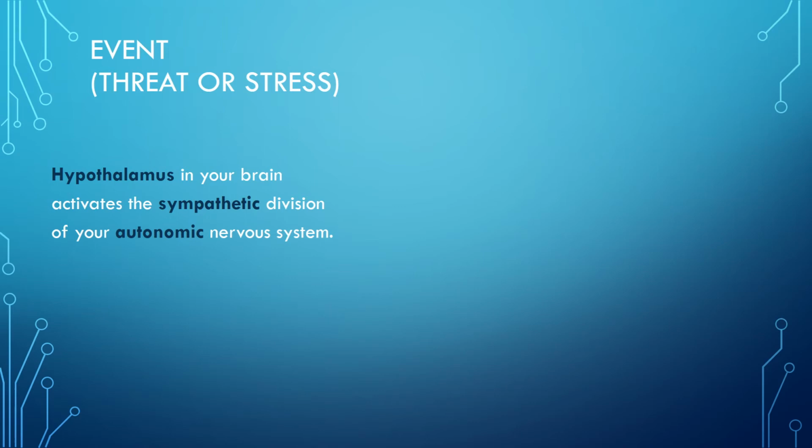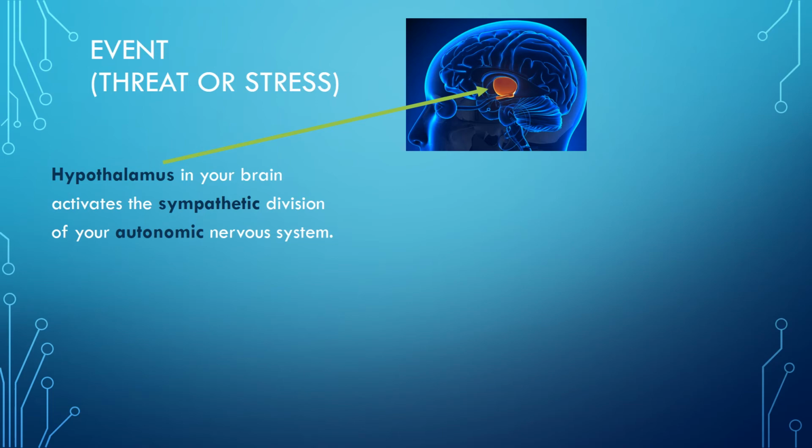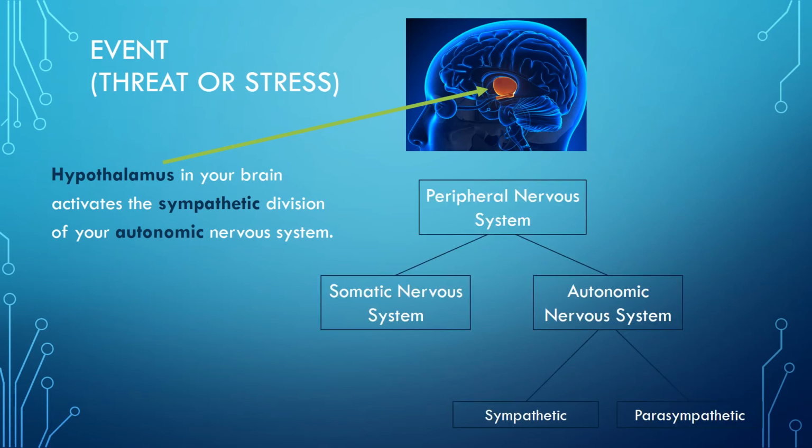It uses all the correct psychological language, and this is what it means. The hypothalamus is a section of your brain buried deep underneath your cortex. Okay, it's part of your very fundamental, very basic brain, and its responsibility is for releasing hormones. So it releases hormones and activates the sympathetic division.